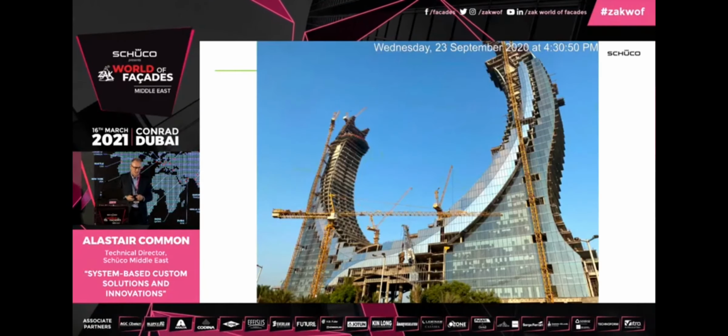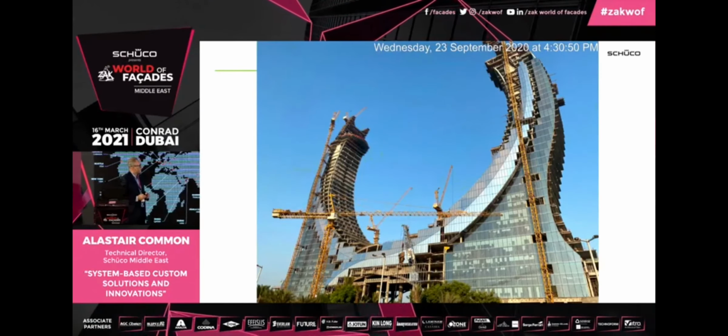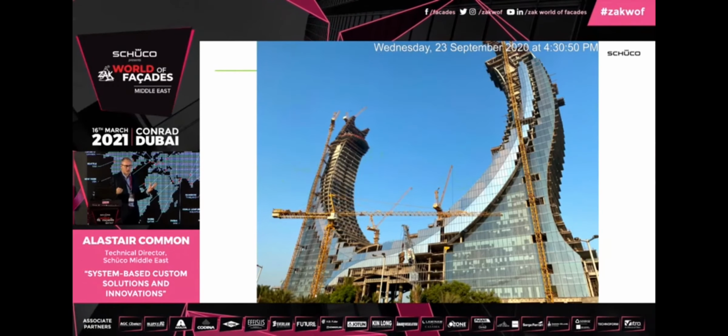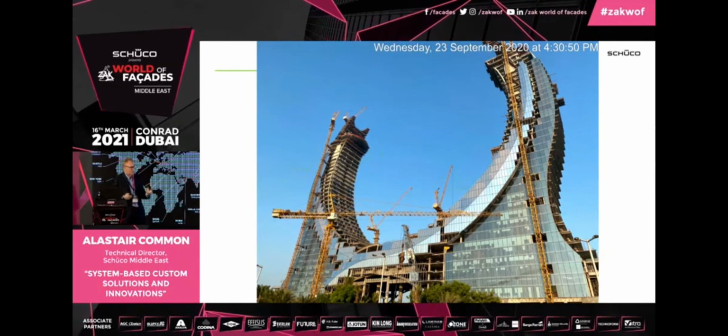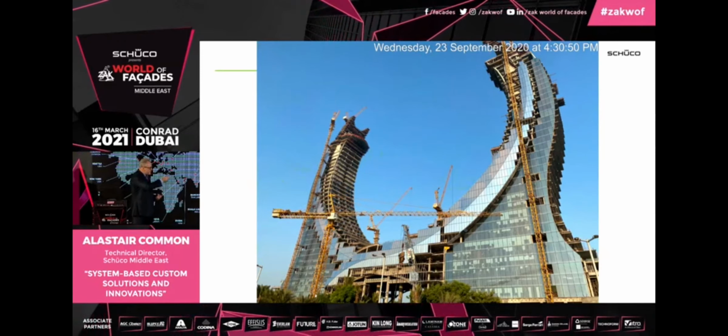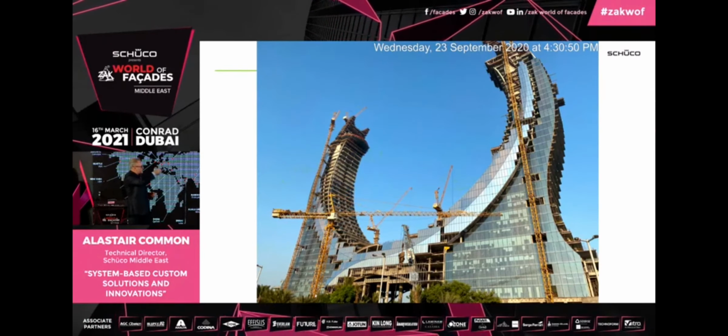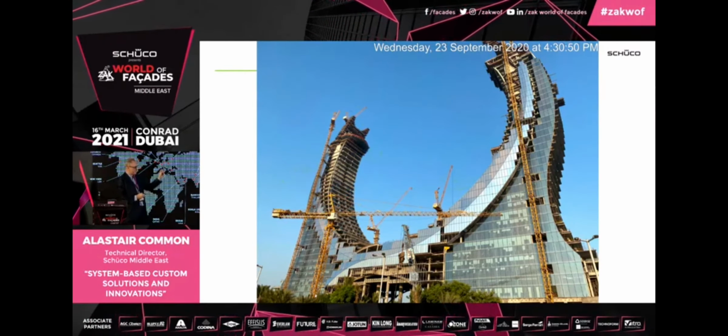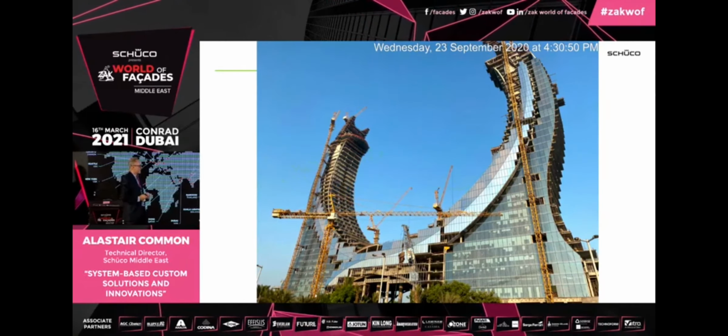And if we fast forward to September here, you will see that evidently what we designed, what we created is working. Particularly you'll see this apex, which is a prominent feature of the facade, because there'll be lighting within that aspect there.